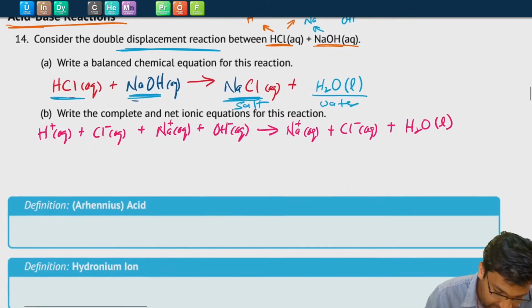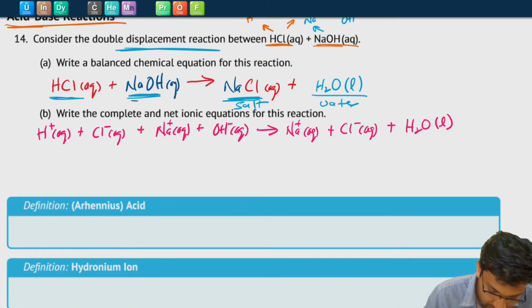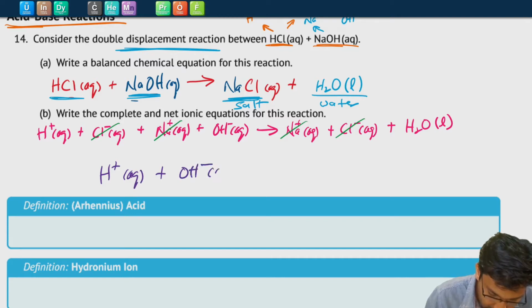Alright, so that's the complete ionic equation. For the net ionic equation, we eliminate everything that stays the same, like Na plus and Cl minus. And so all that we're left with is H plus aqueous plus OH minus aqueous, going to give us H2O, liquid.